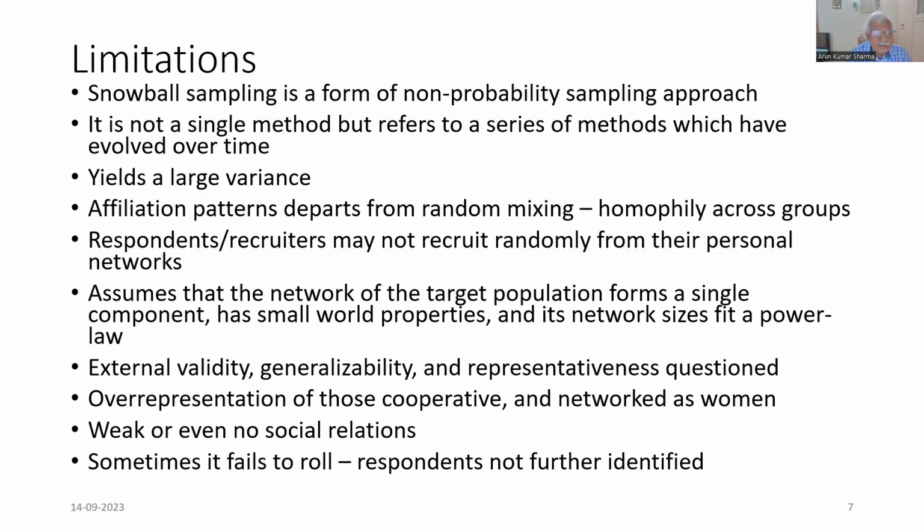Snowball sampling assumes that the network of the target population forms a single component, has small world properties, and its network sizes fit a power law. This is a technical point, and if you are a social scientist, you can even ignore this point.